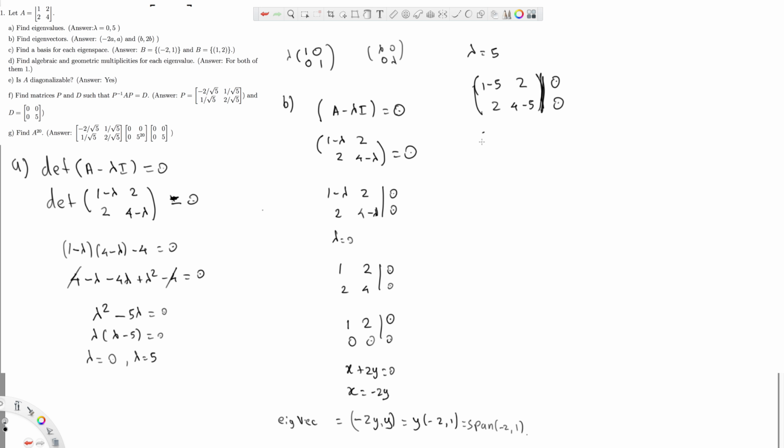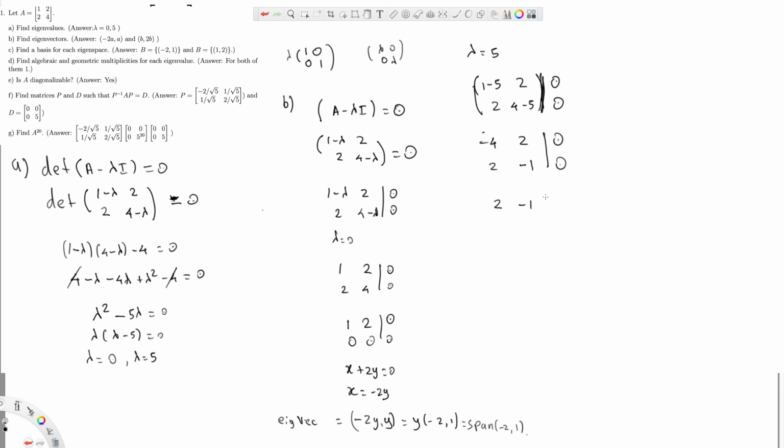So 1 minus 5 is minus 4, 2, 2, minus 1. If I multiply this row by 2 and add it to this one, it's 0, right? Therefore this is linearly dependent, so we can get rid of one of these. I swap the bottom one on top because this is the simplest form. That's what we want.